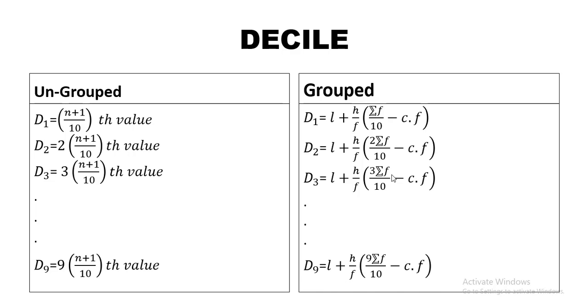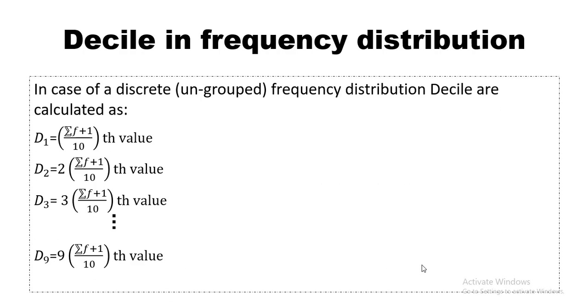For D9, it will be L plus h upon f into (9 times summation f by 10 minus CF). Since they are of the same nature as the median, the same steps will be followed. We need to determine the decile class first, and then we will proceed further.